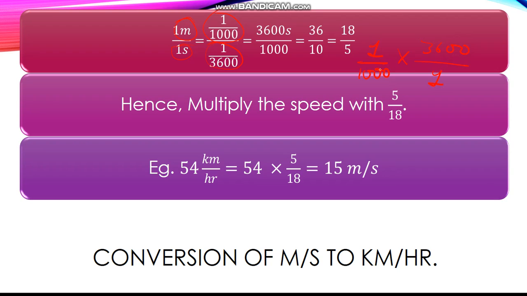Now multiplication is easy, so you get 3600 upon 1000, and when we cancel two zeros, we get 36 upon 10, and when we cancel by 2, we get 18 upon 5. Hence multiply the speed with 18 upon 5.